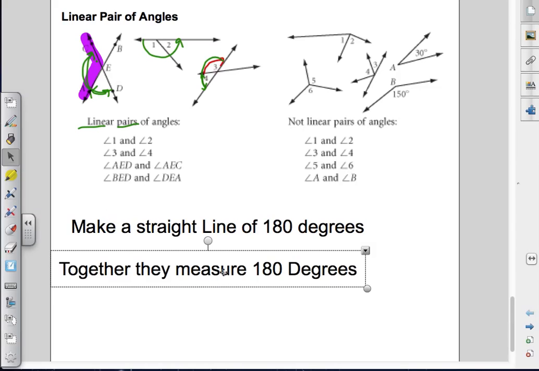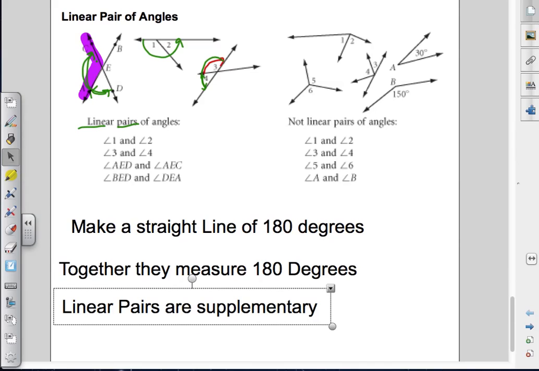Together, the angles measure what? 180 degrees. Together, when I say together, I'm talking about the angles. And since they make 180 degrees, linear pairs are supplementary. They are supplementary. Okay? So, let's see if we can do a couple of practice problems and review them together.